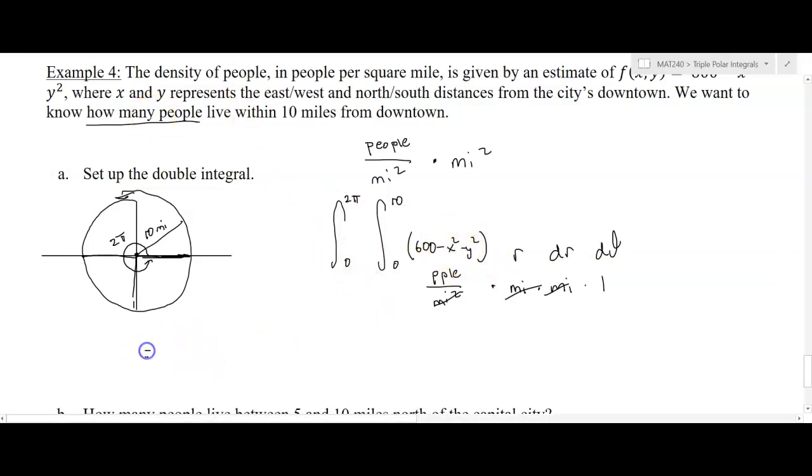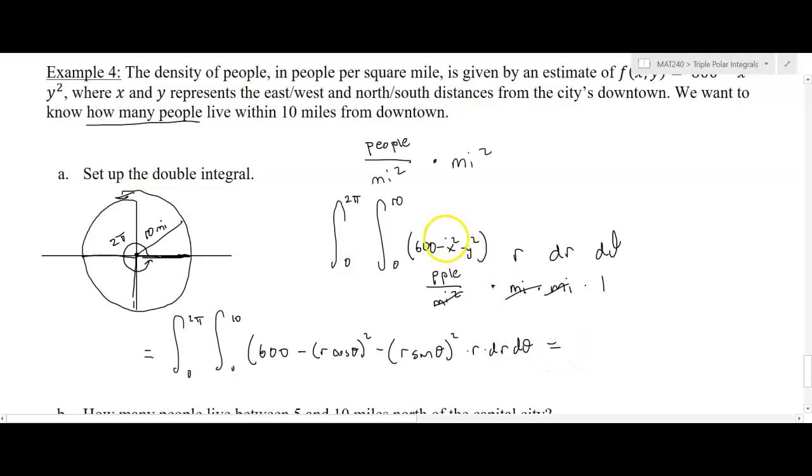So we could just write this as the integral from 0 to 2 pi, integral from 0 to 10 of the function 600 minus quantity r cosine theta squared minus quantity r sine theta squared. And that's going to be times r times dr d theta.